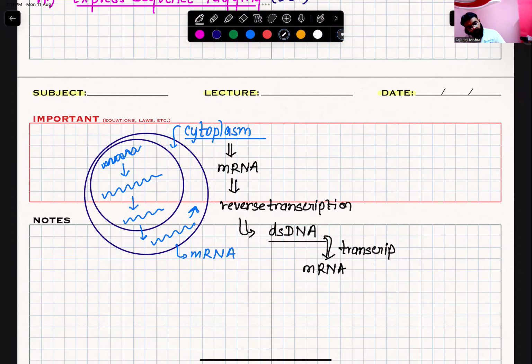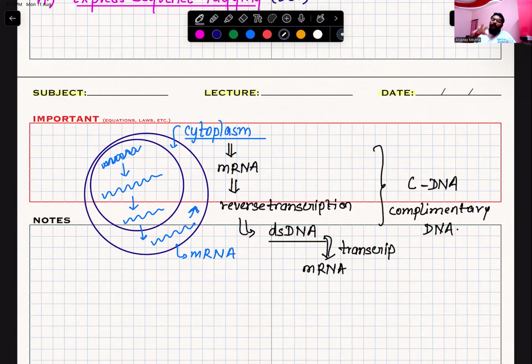This kind of DNA which makes mRNA directly for you is called cDNA, or complementary DNA. Now, when you do this, you are looking at all the coding DNA, all the DNA which is making RNA. You're not looking at the non-coding part at all. Is that clear?